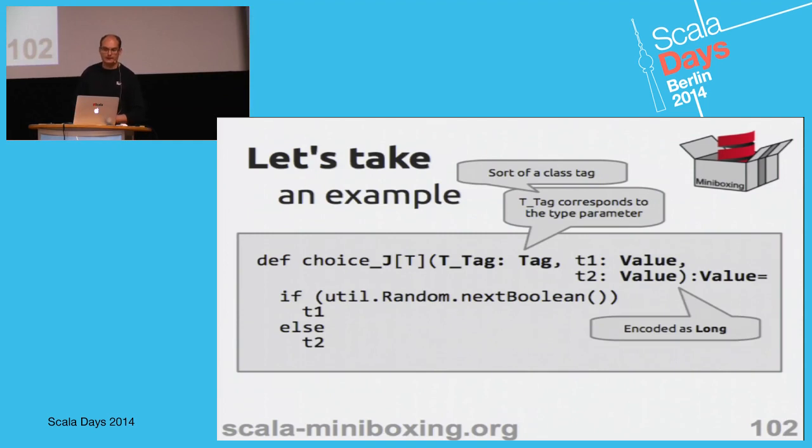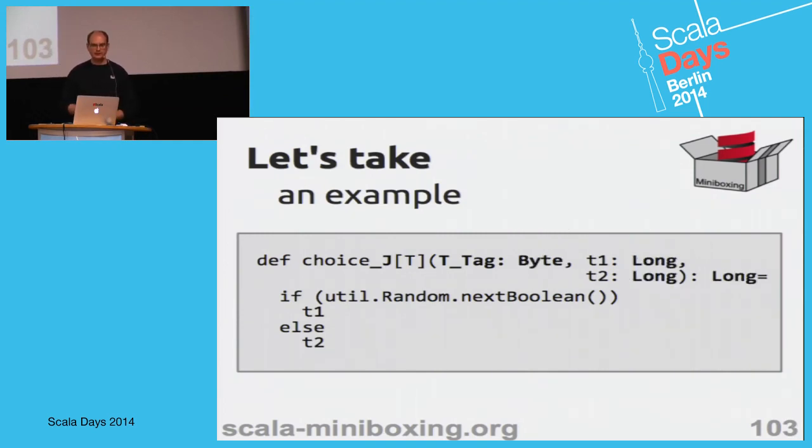So, of course, the values are encoded as long, as I said before. So the result is this. This is the specialized variant. And if you look carefully, the tag is actually a byte. It's not a class tag, it's not something very expensive. It's just a simple tag which will tell us which of the primitive types we encoded originally.